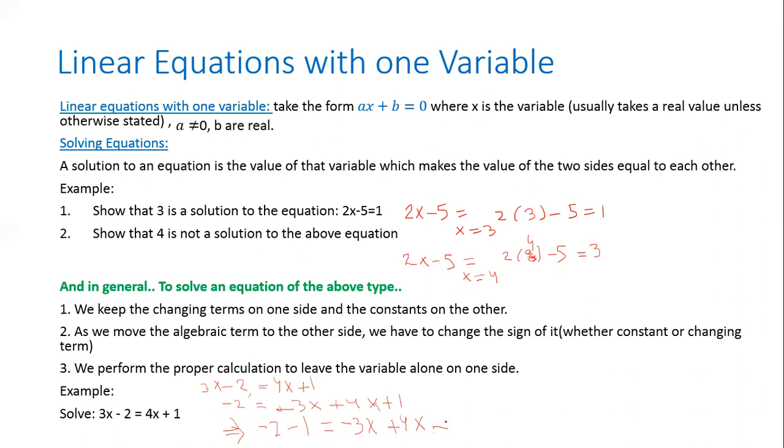So this will give me minus 3 equals x. Now I don't need to do any further calculation because x is left alone, and I know its value, which is minus 3. And this is the solution to the equation that we have here.